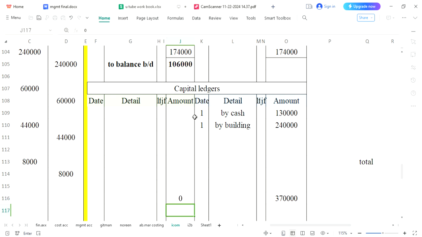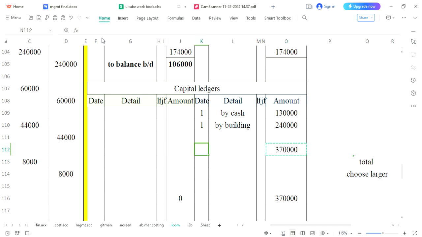So first step has been done, total of both sides. Then choose the larger amount. Make a comparison of which amount is larger, 370. So here you will write 370,000 as your total and write down this total on both sides.